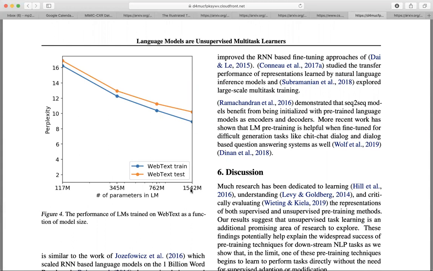But GPT-3 is pushing the step even further. It's using 175 billion, which is like 100 times larger than GPT-2. So that's what really sets the GPT series apart from all the other pre-training models. It's just a gigantic number of parameters, and that makes all the difference in the world, which is really interesting.